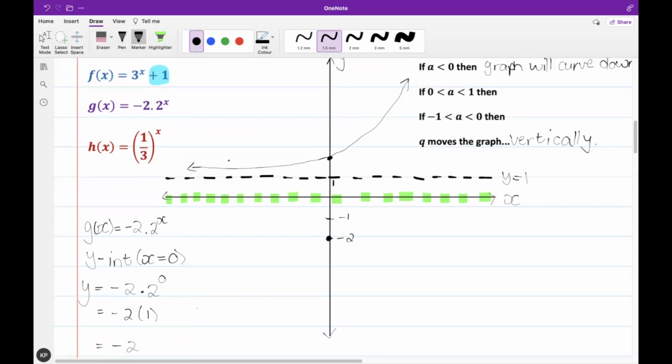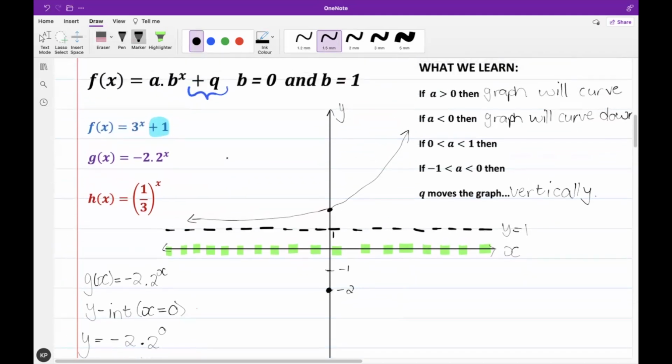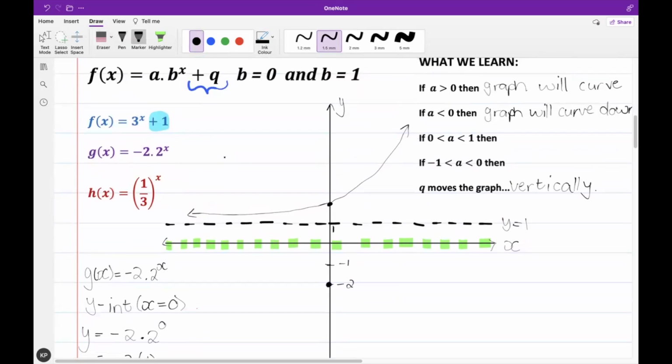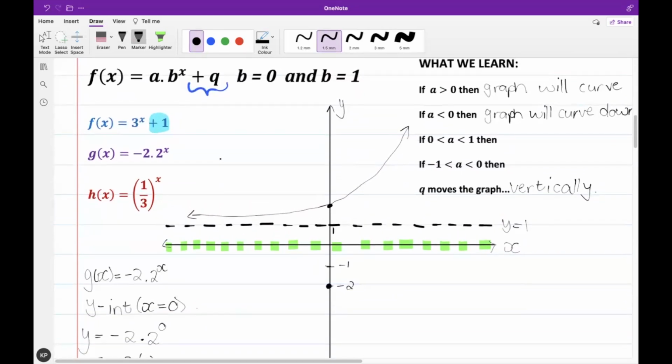All right. Now we spoke about if A is positive and if A is negative. In this case, is A positive or negative? Look at the general formula over here, and then look at g of x, and tell me if A is positive or if A is negative.